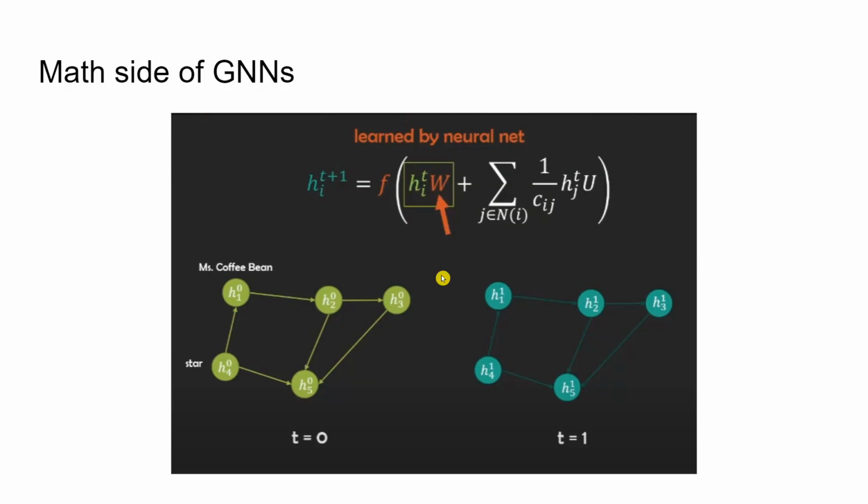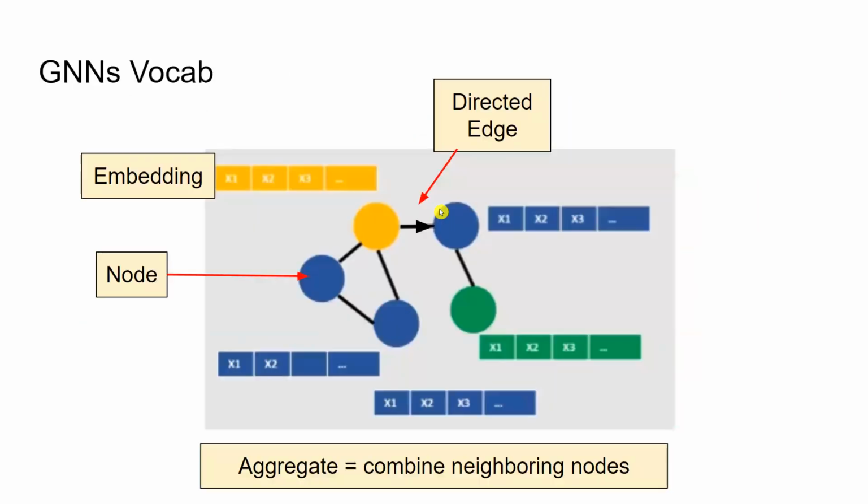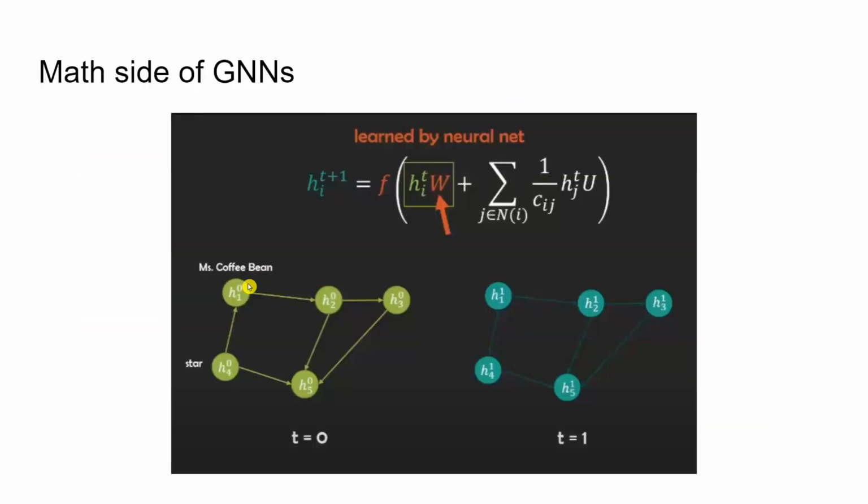The weight is applied to the node, and it changes h_i^(t+1), the next node, to something else. Initially it starts with the data, and then it changes the data into something else. Yes, it's going to change the node itself. So eventually the data inside each node is no longer just the data that you want. Yeah, it's going to change.